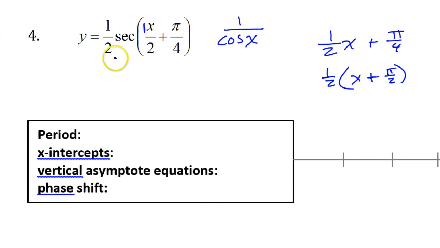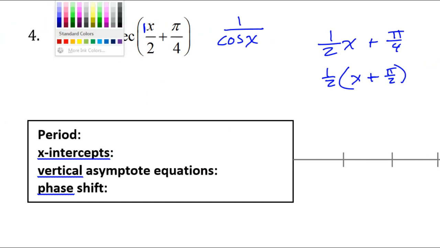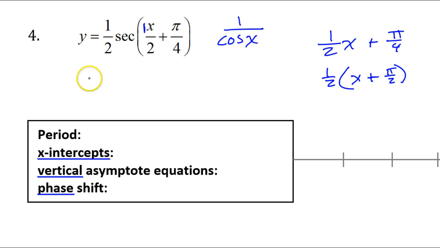Okay, so now I'm just going to recopy all that over here. So like I said, I'm going to have 1/2 and then x plus pi over 2. And then all of that should be inside of another parentheses.